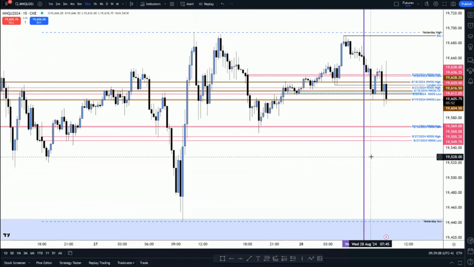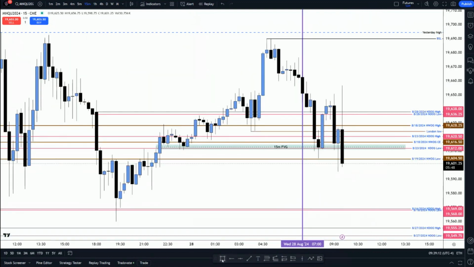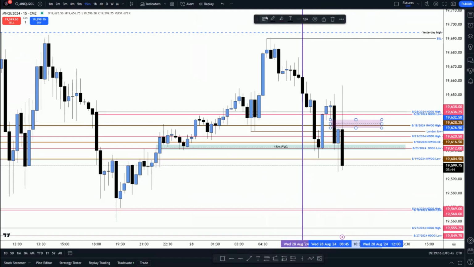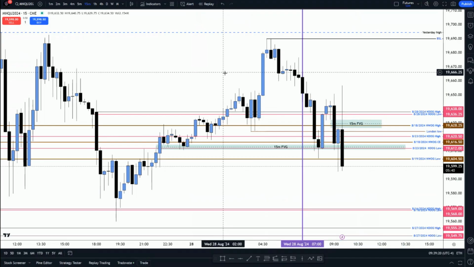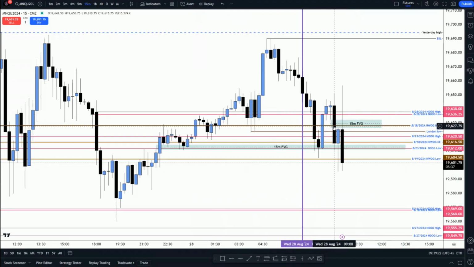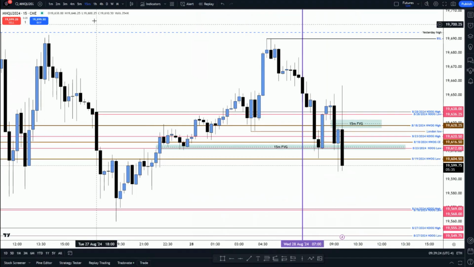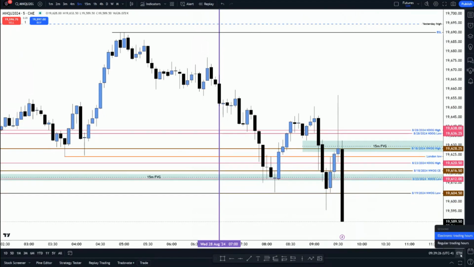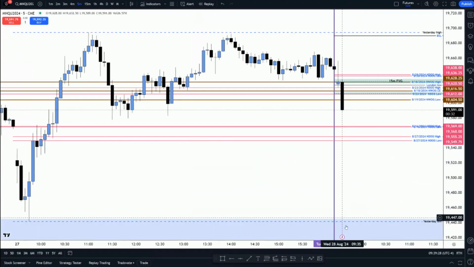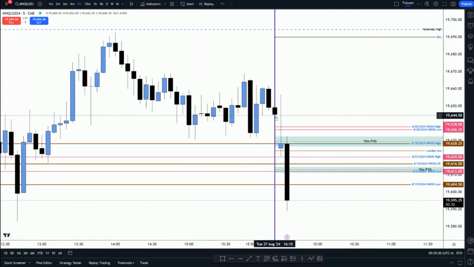A lot of trading is just analyzing and sitting and waiting. Now we do have a gap right here too. And let's see if we have an opening range gap. We do have an opening range gap up.